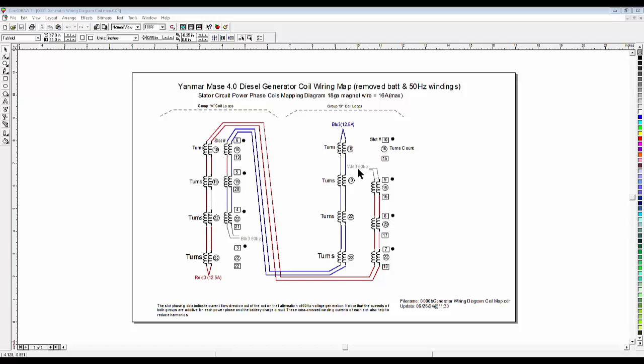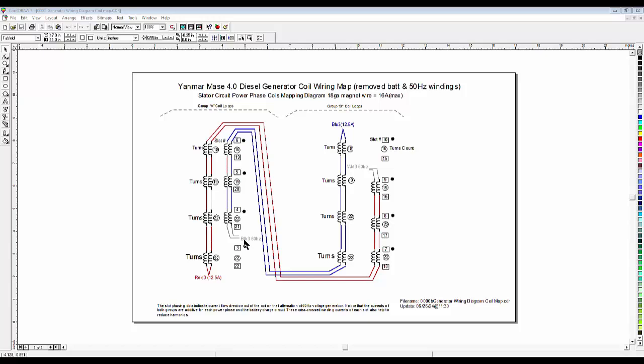The red phase is connected to the white 360 hertz and the red 360 hertz. At the same time, the other phase also has current going up this way, across, up this way, all additive for the blue phase, which is the blue 3 connection and the black 3 connection, which is a 60 hertz connection.